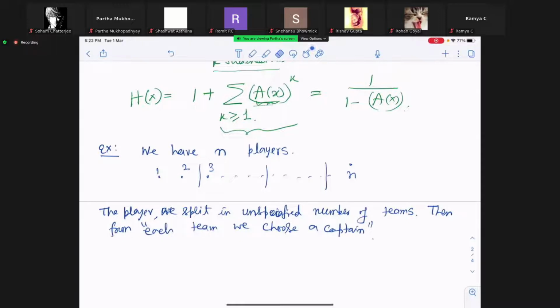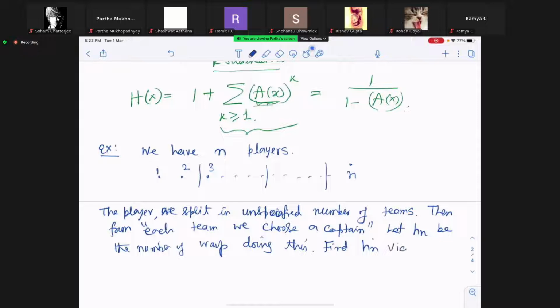So let Hn be the number of ways of doing this, and find Hn.